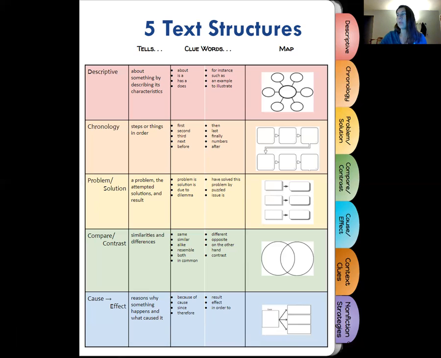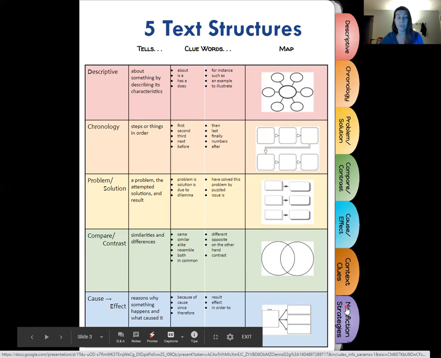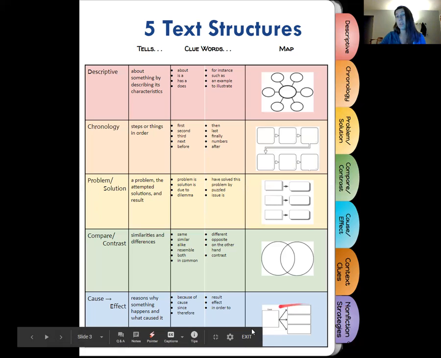What we do is have a central cause and some of the effects or possible effects. Sometimes it's a chain reaction where you have a cause and then an effect, and then after that, there's an effect due to that. So it ends up being a domino effect of cause and effect.